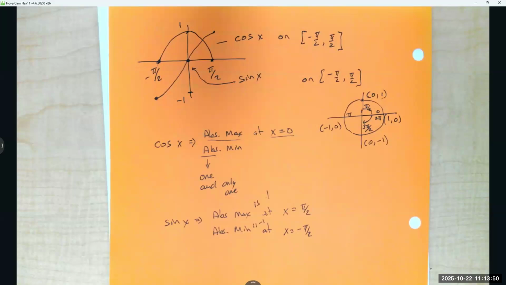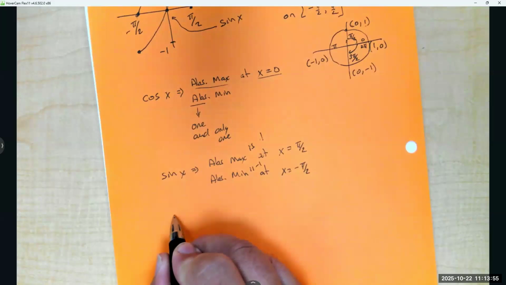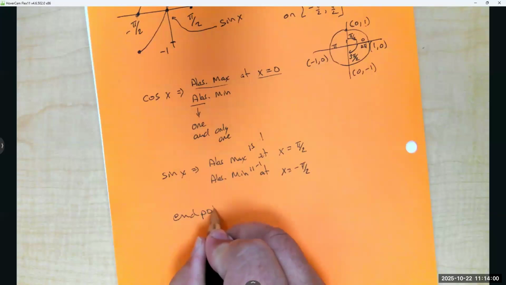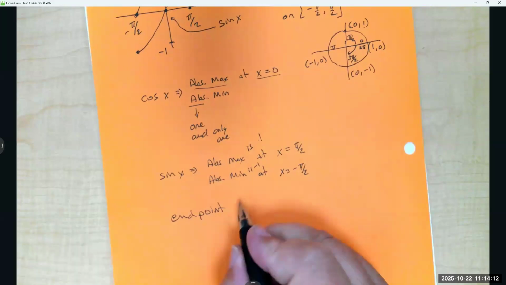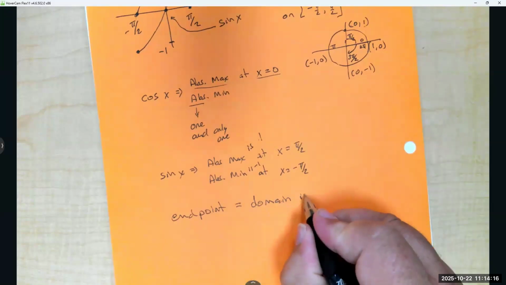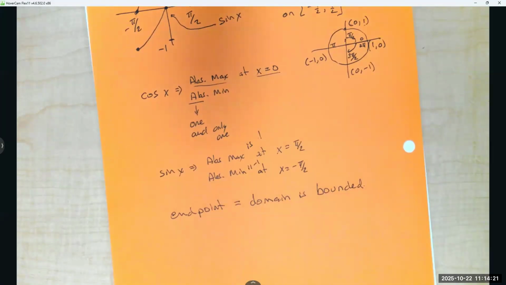Now, what we have to look at here is this. We have endpoints. When you have endpoints, what does that tell you about your domain? Domain is bounded. Very important.